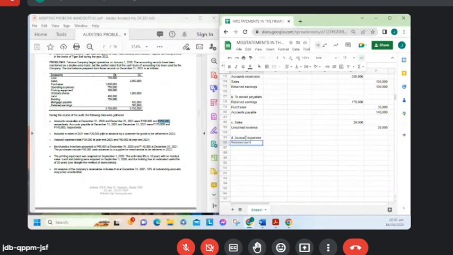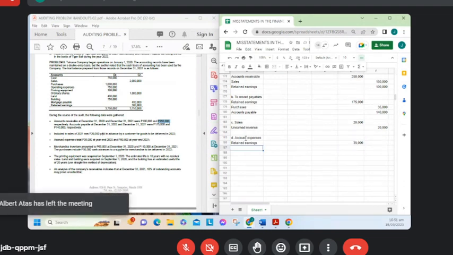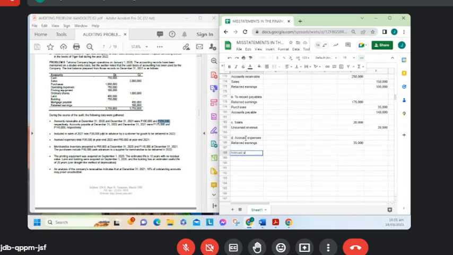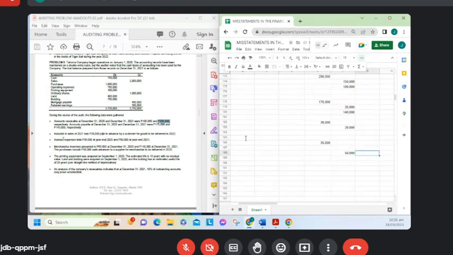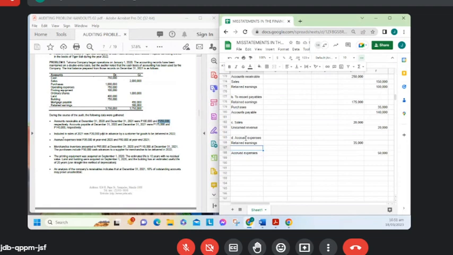So a debit to retained earnings amounting to 35,000 pesos, a credit to accrued expenses amounting to 50,000 pesos, and a debit to operating expense amounting to the difference of 15,000 pesos. Right? So that's for letter D.